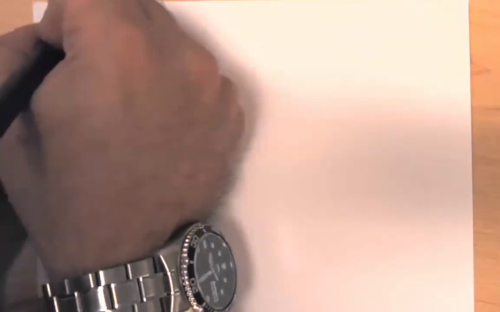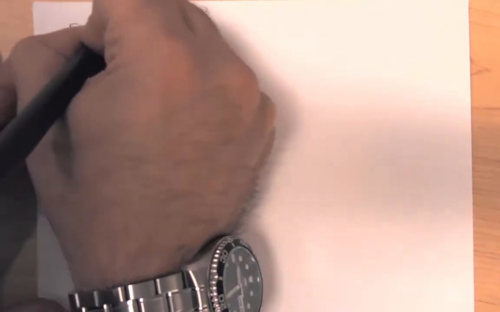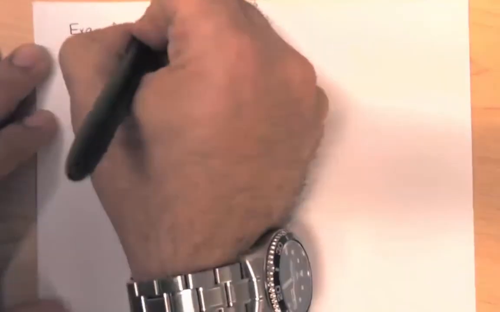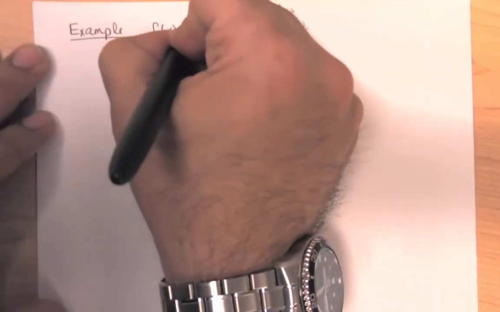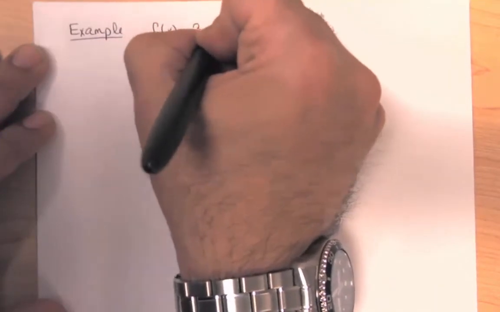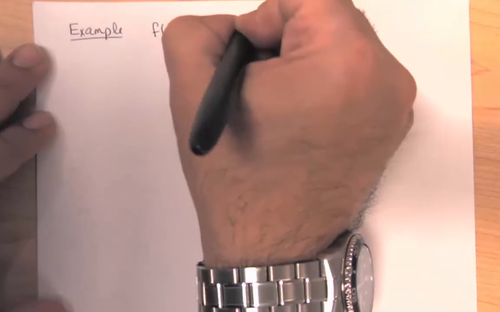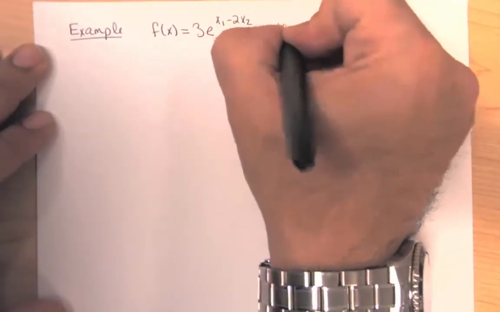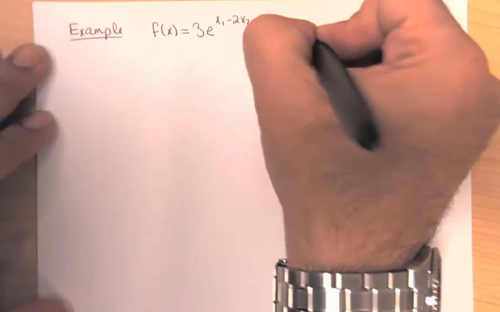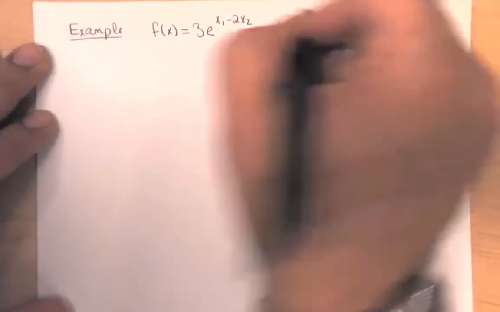So let's work out an example. This will be part example and part exercise for you. Let f of x equal 3 times e to the x1 minus 2x2, times the cosine of 2x1 x2, minus x1 x2.